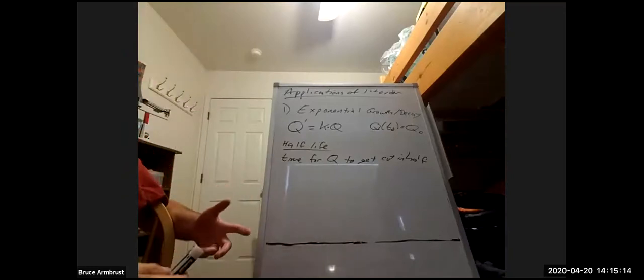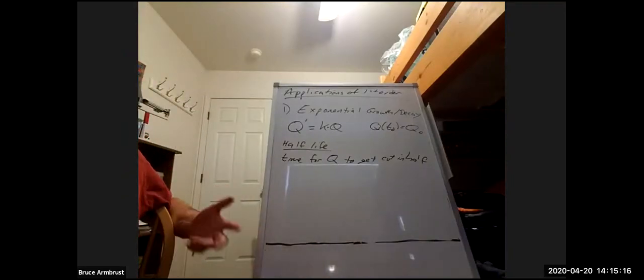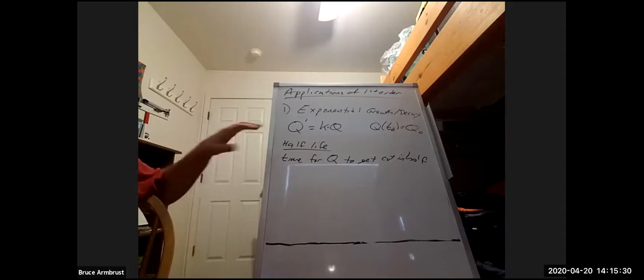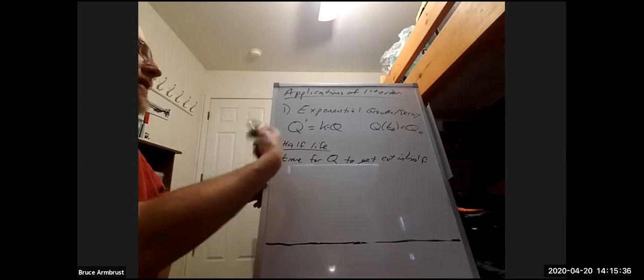Now you probably know from your time in chemistry or physics and things like that, that half-life doesn't depend on how much we start with. It doesn't matter when we started or anything like that. So let me show you that. Let me show how the differential equations show that as well. So let's say we started with Q naught.